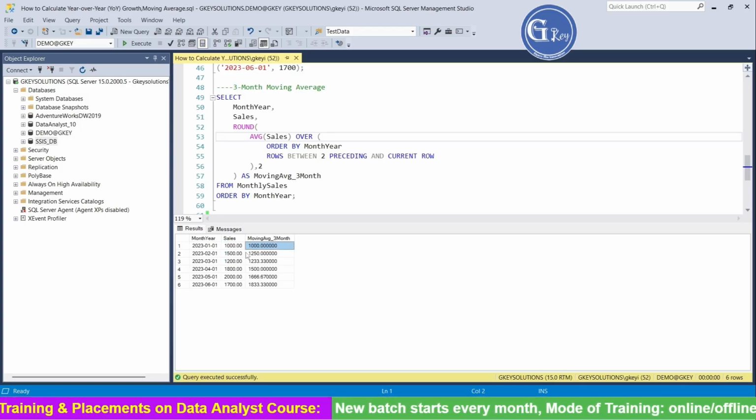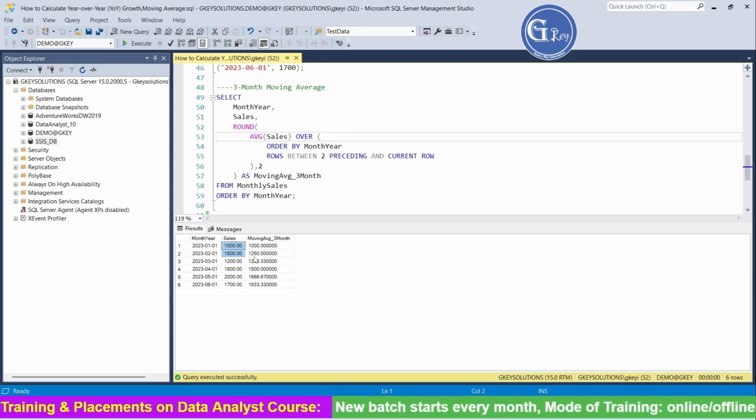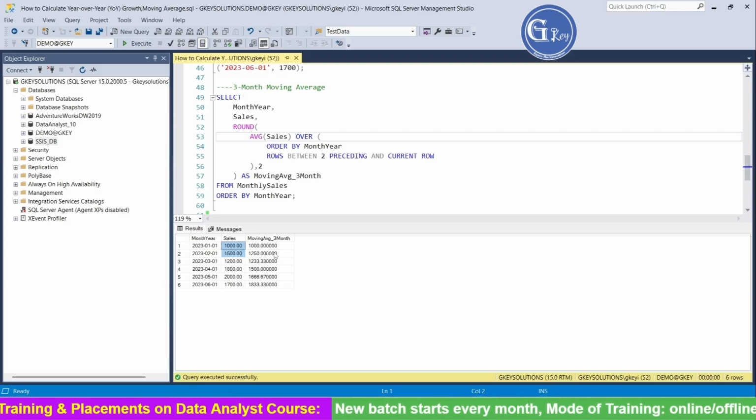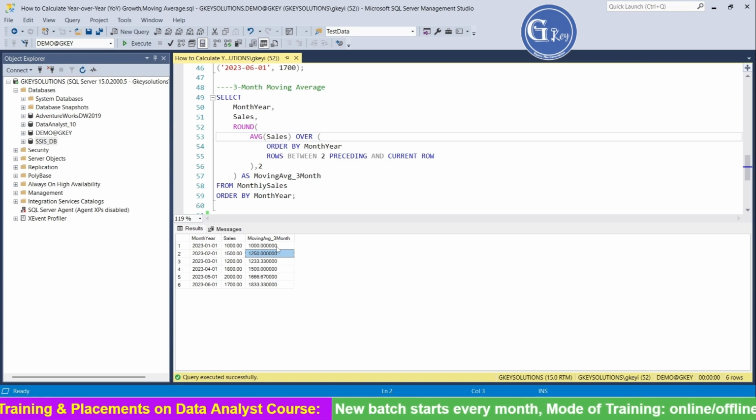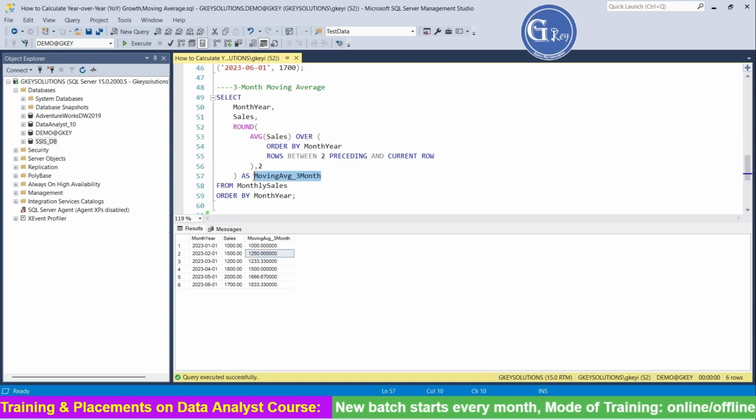For 100 it is 100, and here it is going to calculate 1000 plus 1500, that means 1250. In such a way it is going to calculate the moving 3-month average. Here we are not calculating totals, we are taking the average.